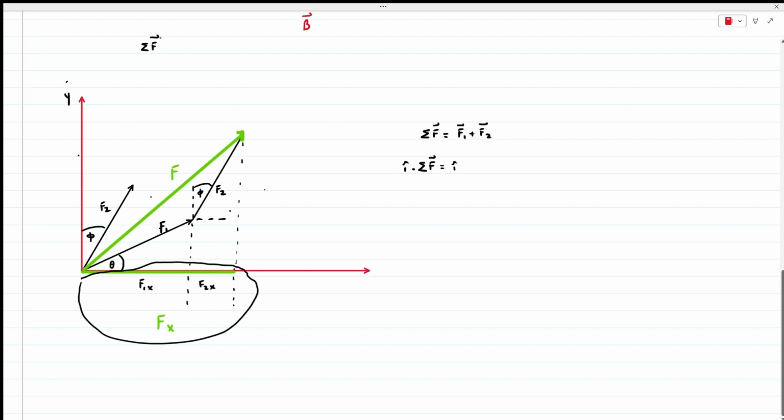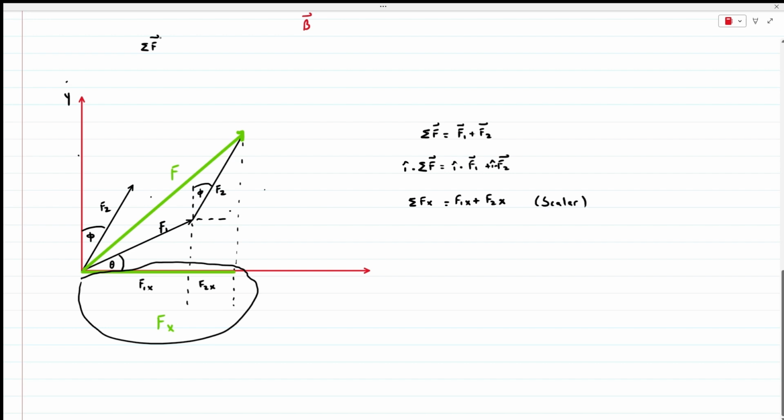What is i hat dotted with F1 and i hat dotted with F2? This is essentially equal to i hat dotted with F, which is the sum of the forces in the x direction. i hat dotted with F1 is equal to F1x, and i hat dotted with F2 is F2x. So this is a scalar equation.